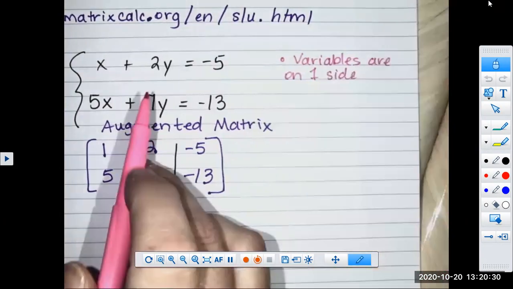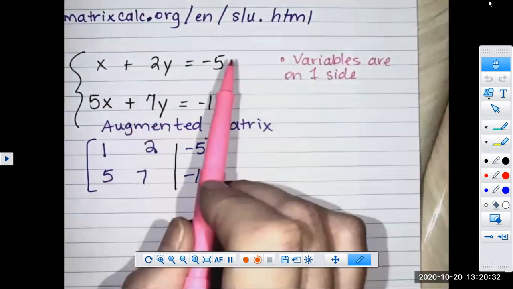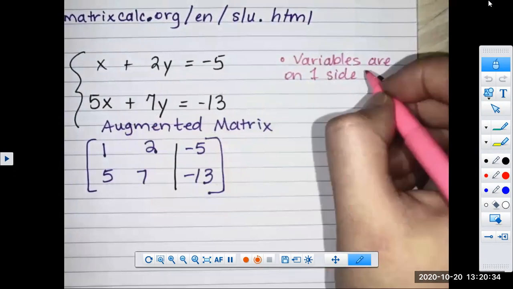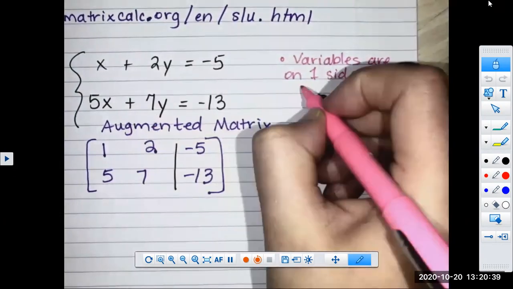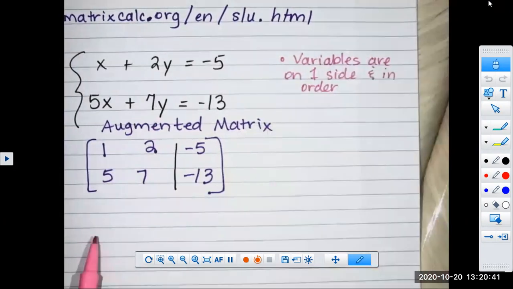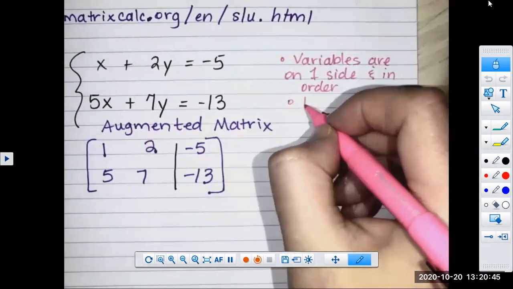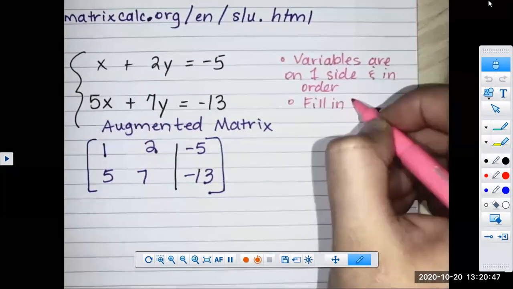All my x's and y's are on the left side, all my constants are on the right, so we're good there. And in order. If you put x's in the first column, you do that all the way down, y's in the second, all the way down. So fill in zeros for anything missing.